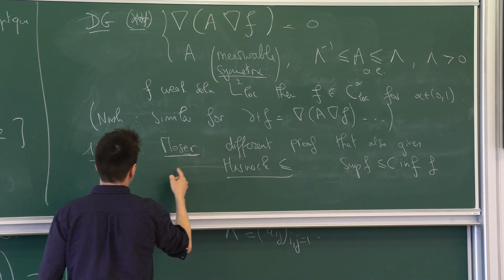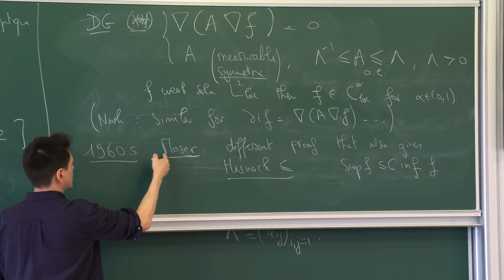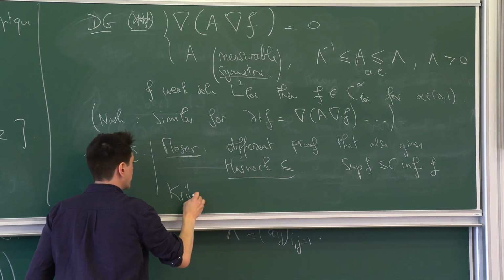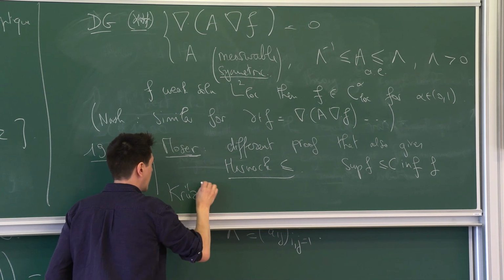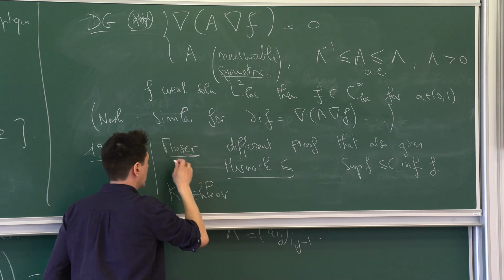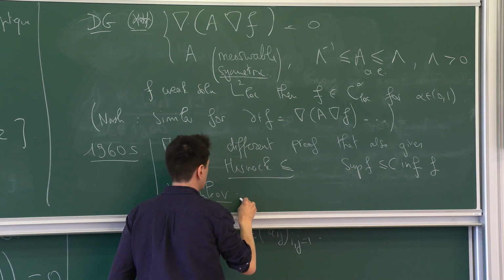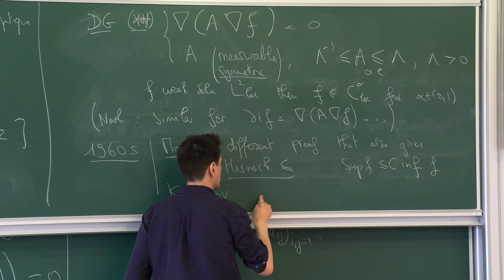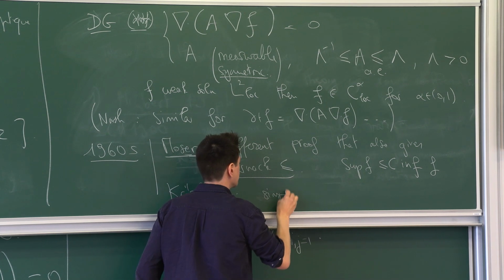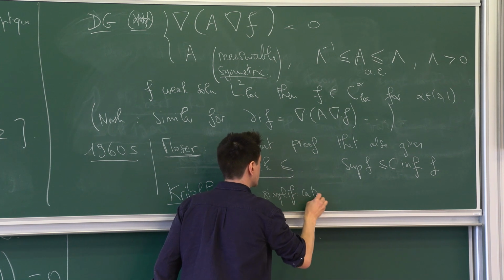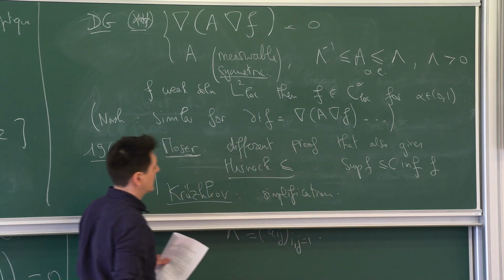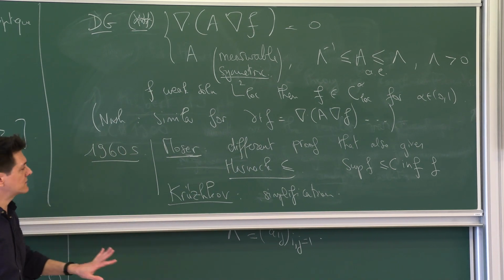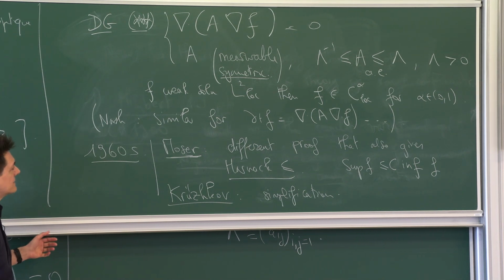And before he filled it, at the same time, Kruzhkov was reading both Moser and Nash, and at the same time proposed an interesting other viewpoint on the Moser-Nash, the Nash-Moser proof. Well, let's call it a simplification. I think I will have time to give you the main argument of Kruzhkov. This is, at least, in the elliptic case.